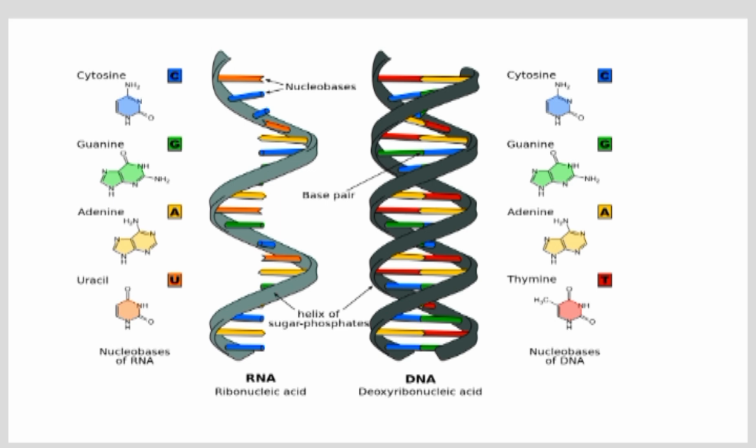Both of them consist of nucleotides. As you already know, a nucleotide is nucleoside plus phosphate, with nitrogenous bases, purine and pyrimidine, that is adenine, guanine, cytosine, thymine. That is DNA. Adenine, guanine, cytosine, uracil means it is RNA. DNA has a double helical model, whereas RNA is a single stranded molecule.